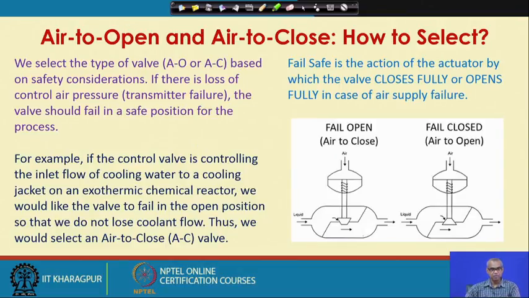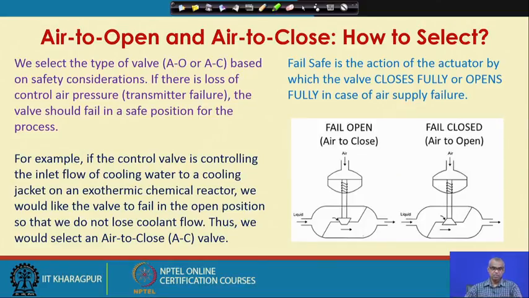I repeat, imagine the control valve is controlling the inlet flow of cooling water to a cooling jacket on an exothermic chemical reactor. So, we have an exothermic chemical reactor, and the controller is controlling the flow of the cooling water that is flowing through the jacket.